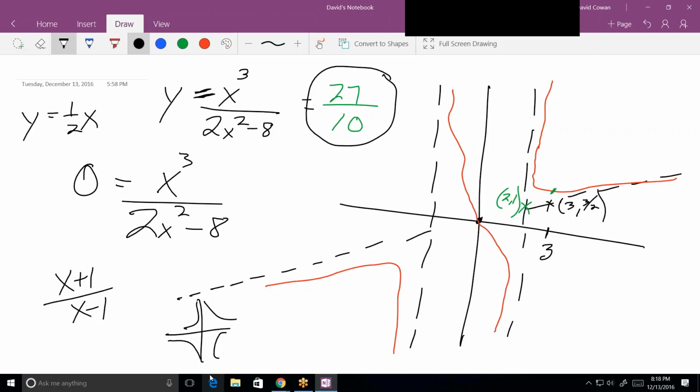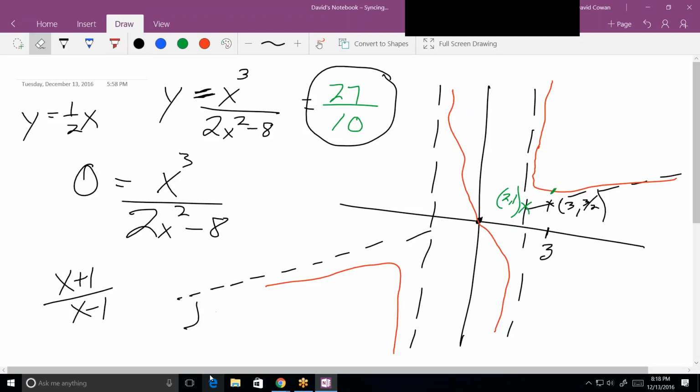But I have to test it, and I would plug in a positive point and make sure that I was on this graph instead of this one. And so you can always pick a point and figure out which of the two hyperbolic choices. You usually have a choice with hyperbolic functions.